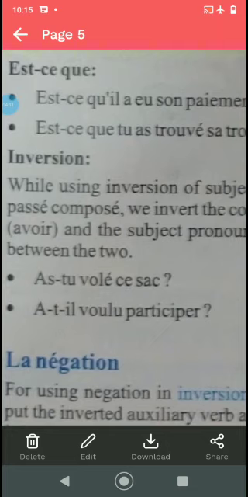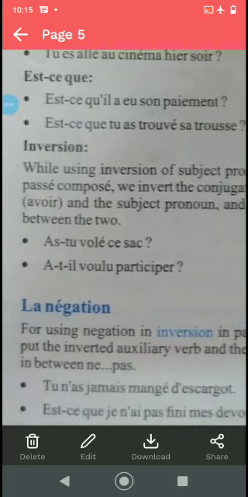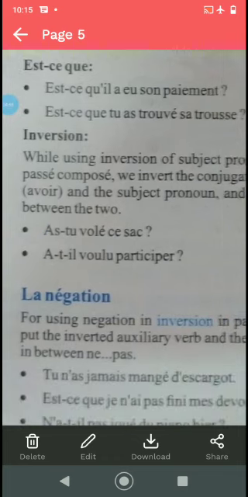So when it is interrogation you are going to invert it. It becomes as-tu volé ce sac. The auxiliary verb has to be inverted. A-t-il voulu participer? What is voulu here? Vouloir is to wish. Did she wish to participate? Clear?